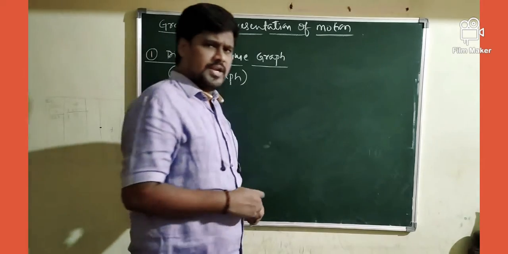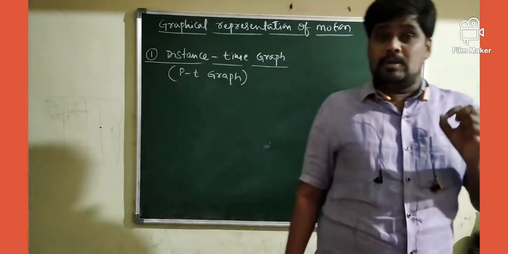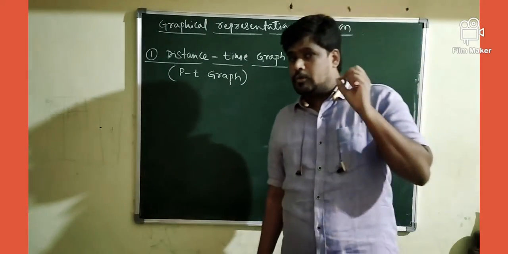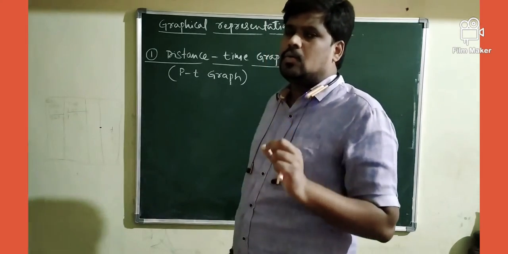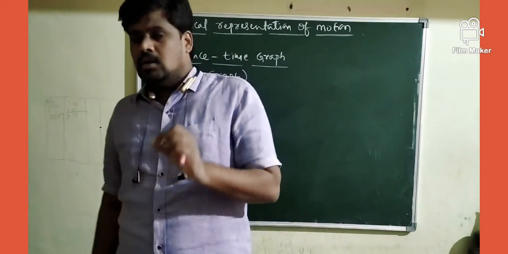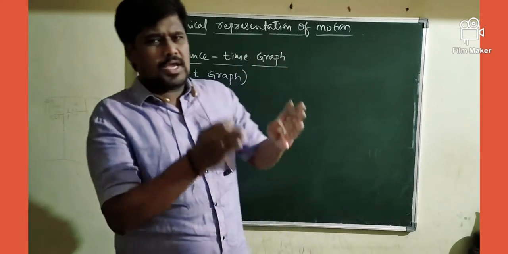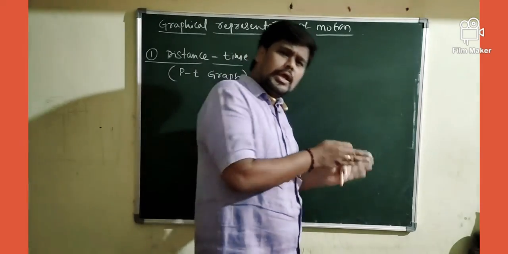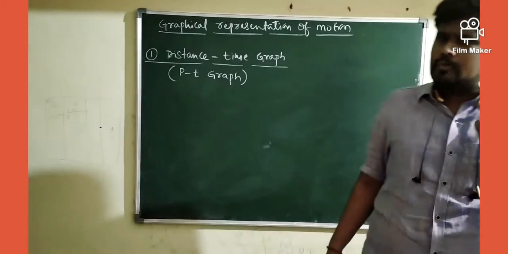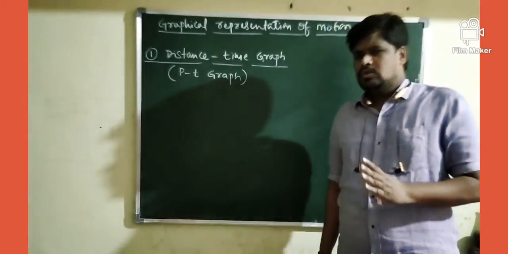When the object is covering equal distances in equal intervals of time, then the object is said to have uniform speed.